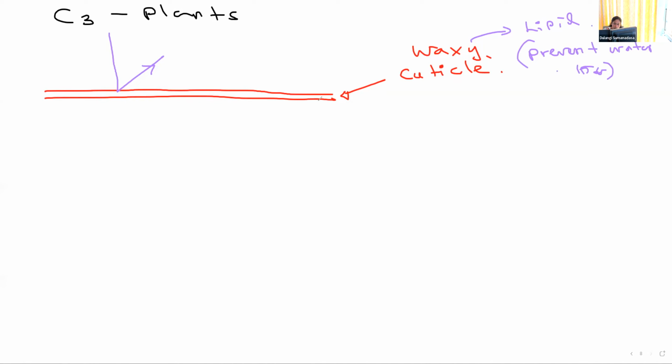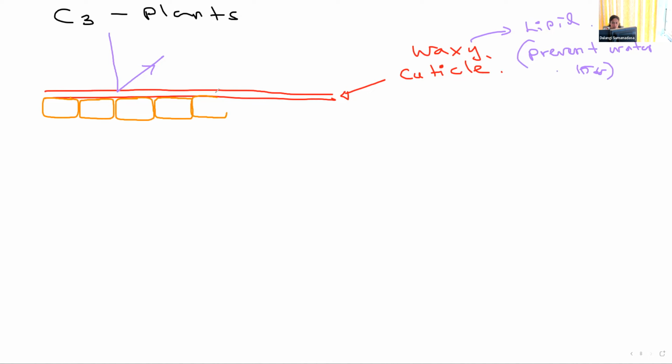And just underneath the waxy cuticle, you're going to see something called the epidermis. So draw it like a compact brick layer, one after the other. This needs to be tightly packed to stop the water evaporation again. Right?